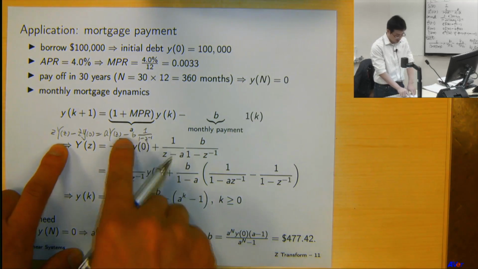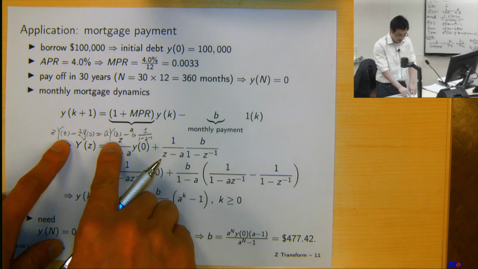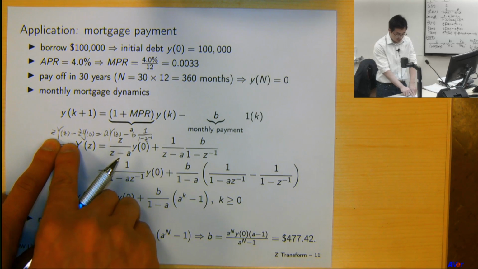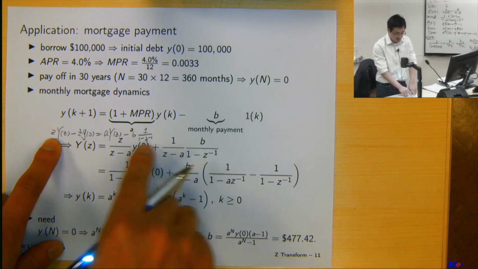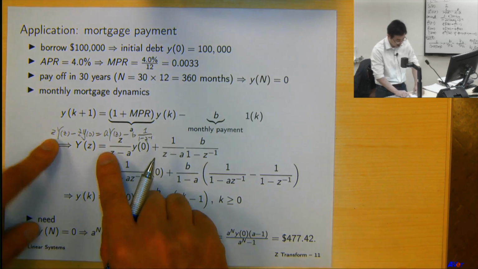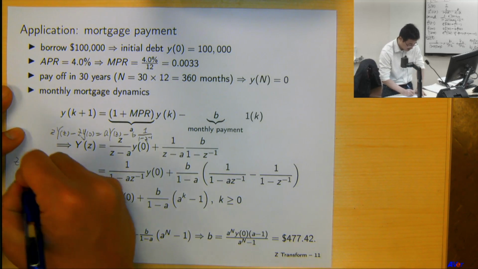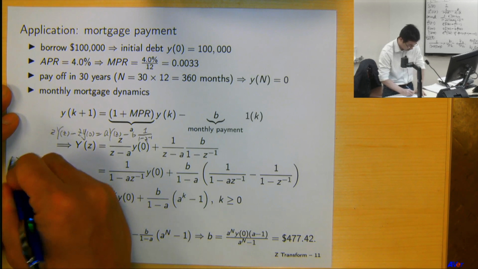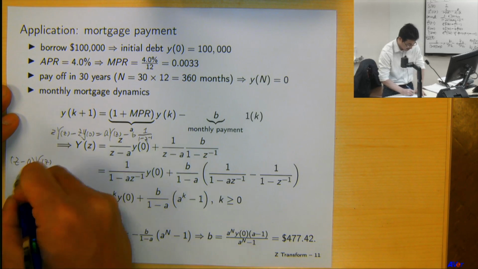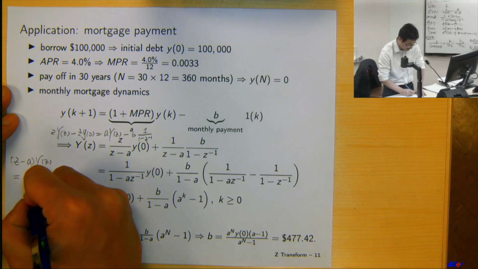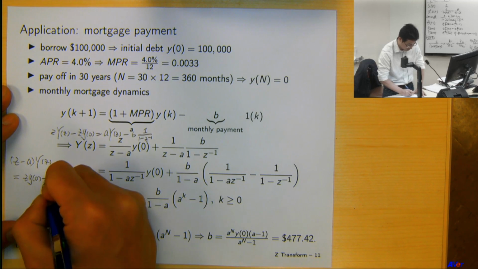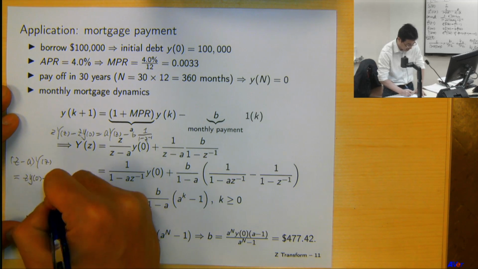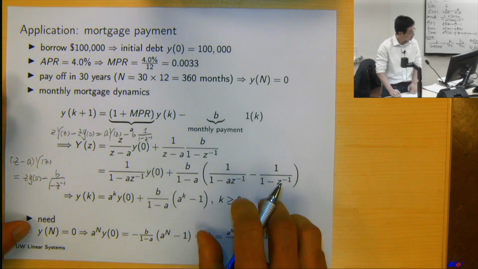We can do the usual thing, combine the terms about Y and then shift all the other terms to the right. So we're going to get (Z minus A) Y(Z) equal to Z y_0 minus B over 1 minus Z inverse.